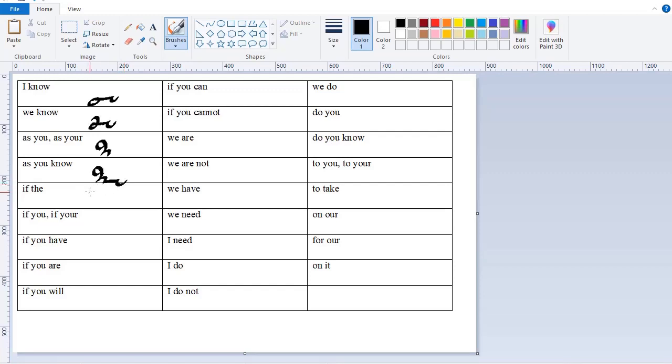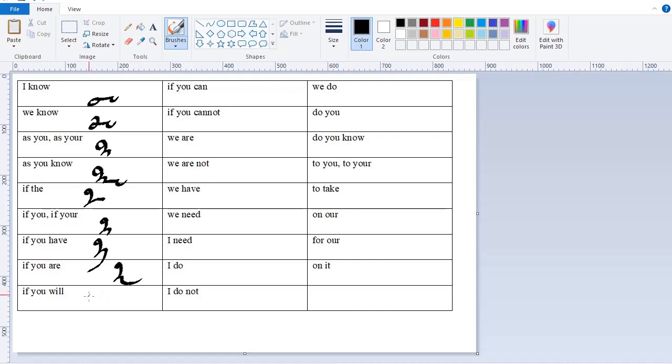Next, if the, we have if, and then the. Next, we have if you or if your, we have if, and then you. If you have, we have if, and then you, and then have. If you are, we have if, and then you, and then are.